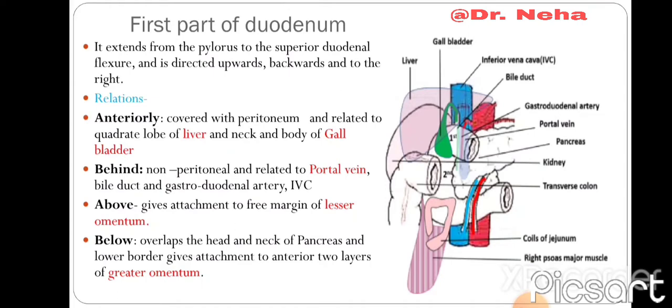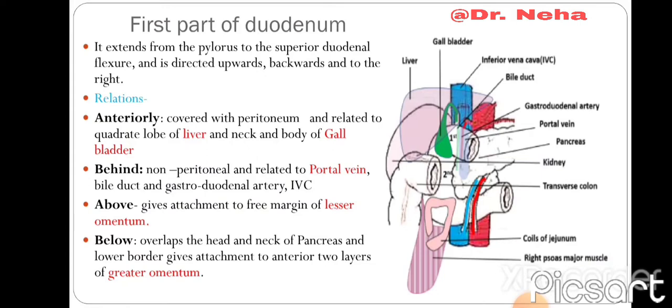Now the relations of the first part of the duodenum. On the anterior side, as we can see in the image, we have the liver, the quadrate lobe of the liver, and the neck and body of the gallbladder. Behind this first part, it is retroperitoneal, and it is related to the portal vein, bile duct, gastroduodenal artery and inferior vena cava.